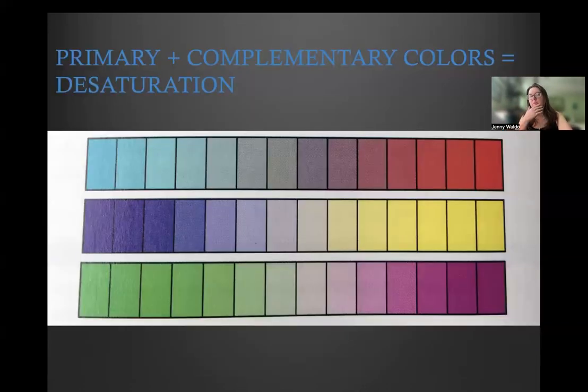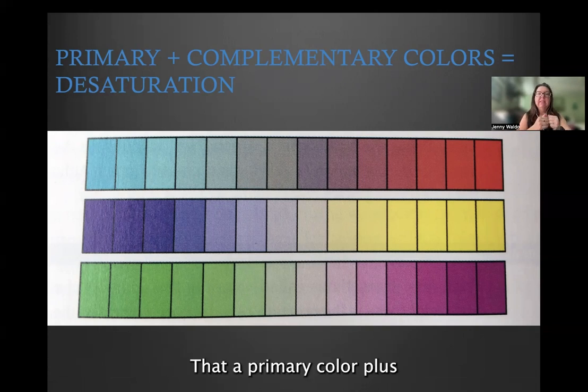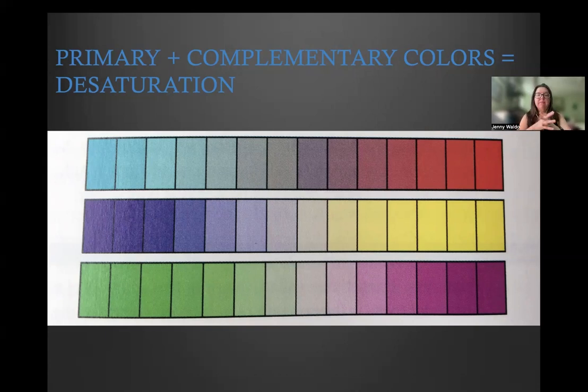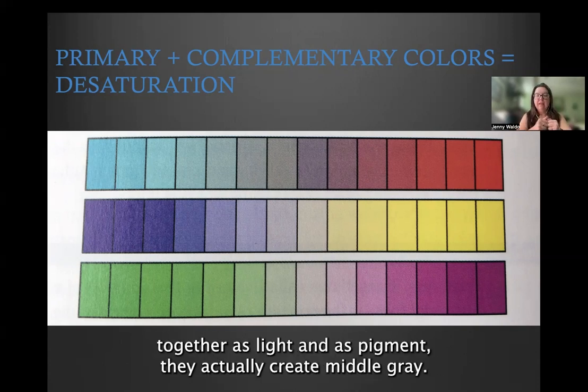And so what the primary color has to do with, again, we talked about opposites, is that a primary color plus a complementary color, like those opposites that we saw on the color wheel, when they are added together as light and as pigment, they actually go towards middle gray.